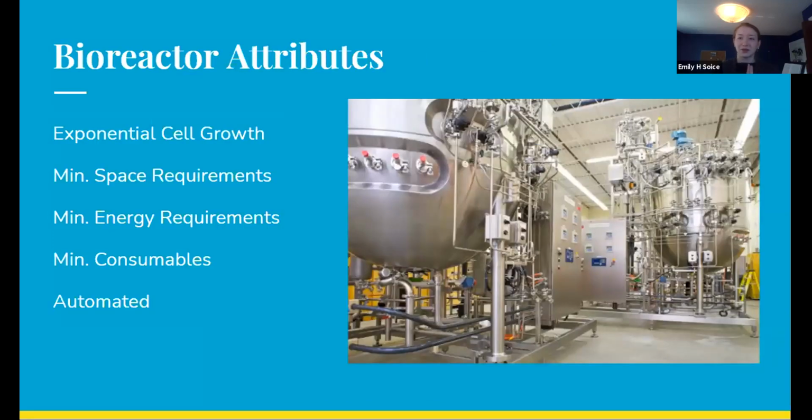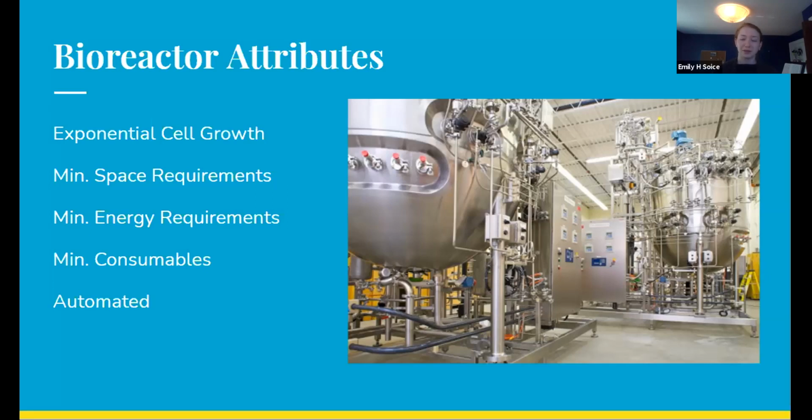The main attributes to think about in making a bioreactor: you want to maximize the time you're in exponential cell growth in the case of proliferation, so those cells are growing at their max rate.